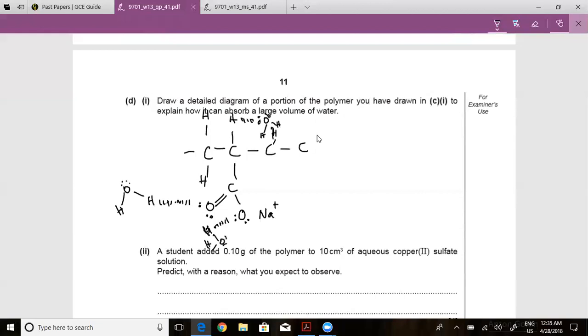Yeah, because otherwise the hydrogen won't be slightly positive. So just remember that for hydrogen bonds, the hydrogen has to be attached to a highly electronegative atom, and then it's going to form a hydrogen bond with a highly electronegative atom. So both of those are important.